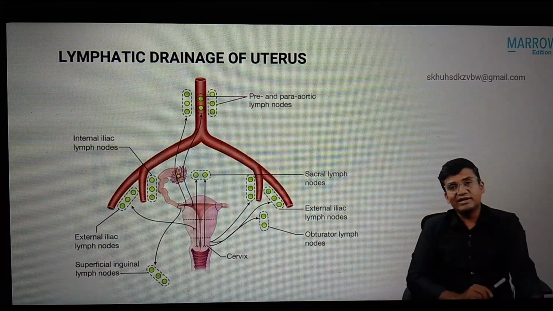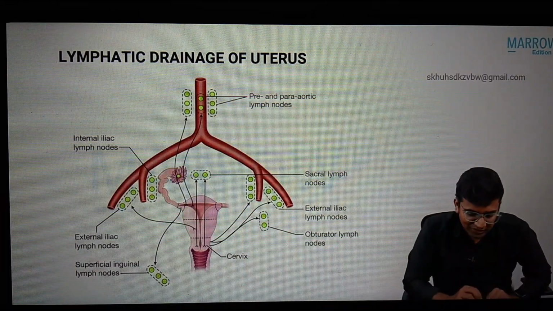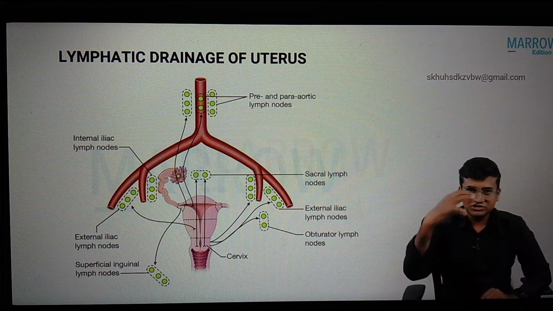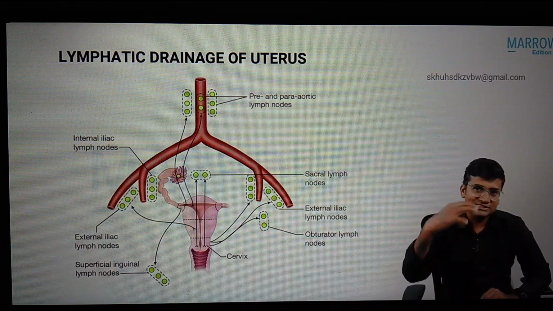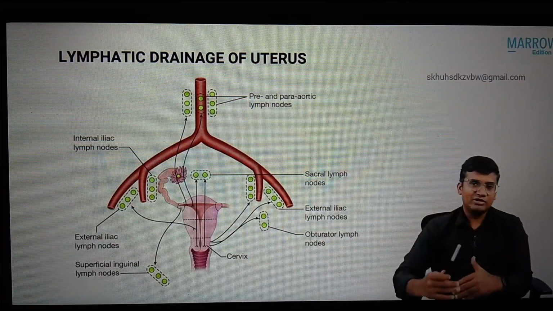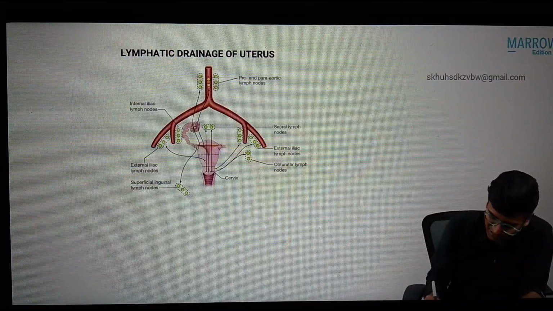Next one, lymphatic drainage of the uterus. Now we're going to see the lymphatic drainage for three areas. We're going to divide the uterus into three areas: upper part of the body, including the fundus, lower part of the body, and cervix.